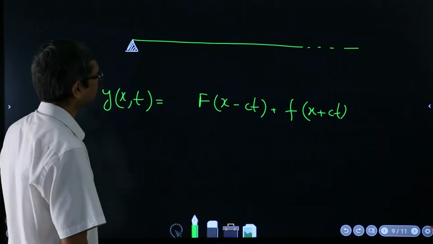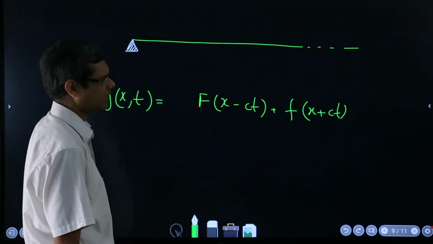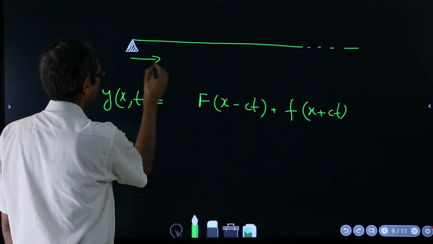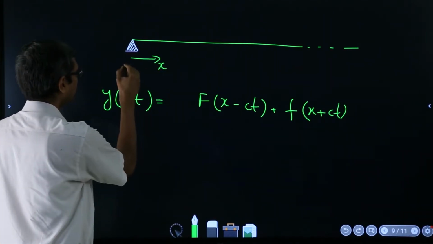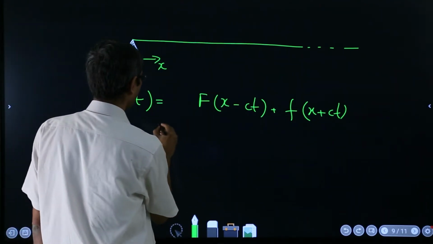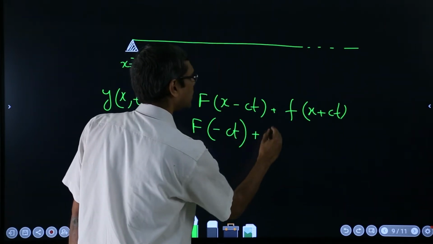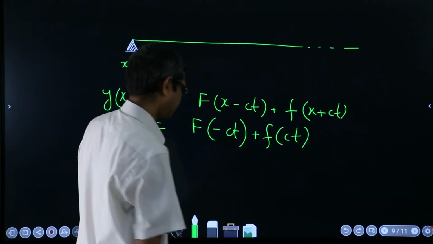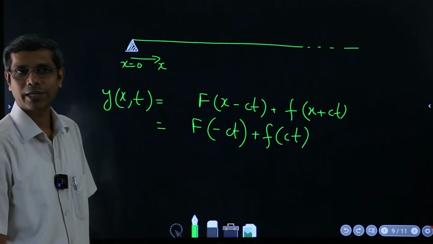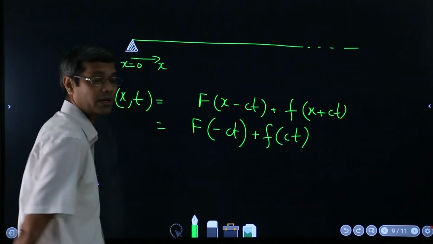The reason is, at x = 0, this point where x starts increasing, this becomes f(-ct) + f(ct), which will not be 0 for all time to come. So this kind of situation definitely won't work.